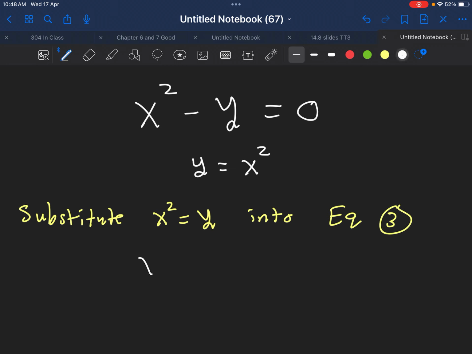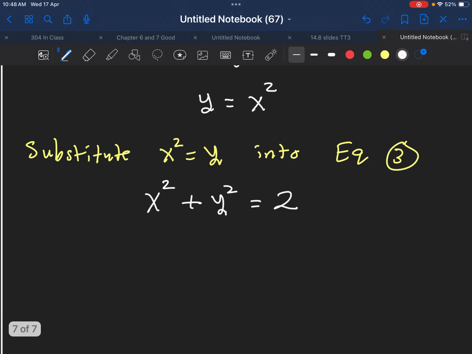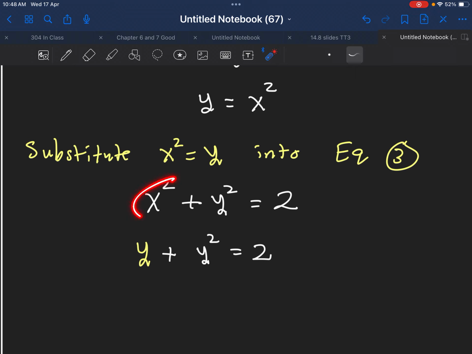Equation number 3 was x squared plus y squared equal to 2. That means if we substitute x squared and write it as y, we get y plus y squared equal to 2. Finally, we get y squared plus y minus 2 equal to 0.